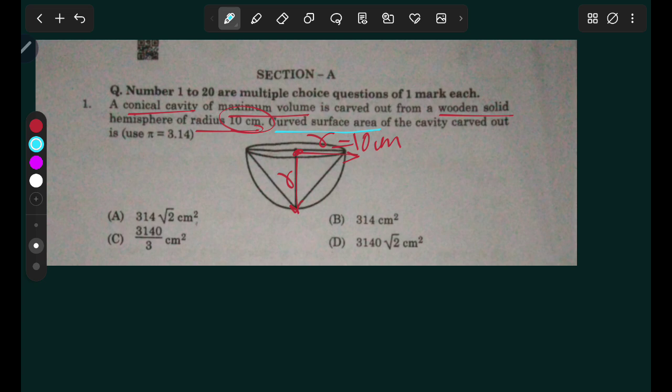The curved surface area of the cavity is the curved surface area of the given cone. And what is the curved surface area of a cone? Pi r L. We have pi, we have r equal to 10, but we do not have L. L is this length. Since this is an isosceles right angle triangle with the two equal sides as r, that is 10, L is going to be 10 root 2 centimeter after applying Pythagoras theorem.